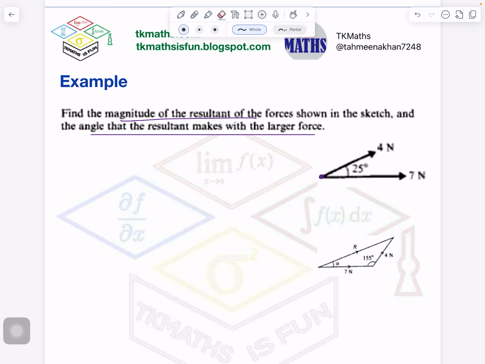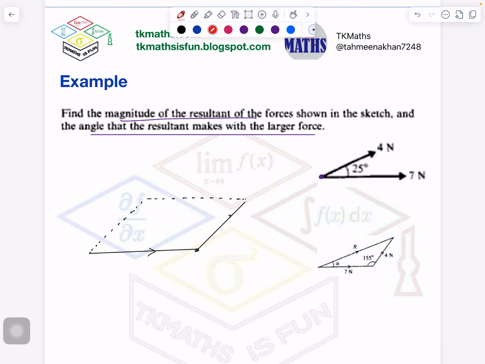So in this case, for example, if I'm using triangular law, this is my vector or force 7 Newton. Okay, the head of this I will join with this 4 Newton. And if I show you with the help of a parallelogram, it is the same thing.